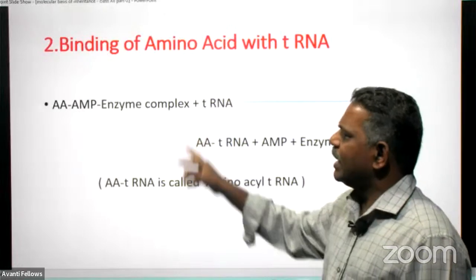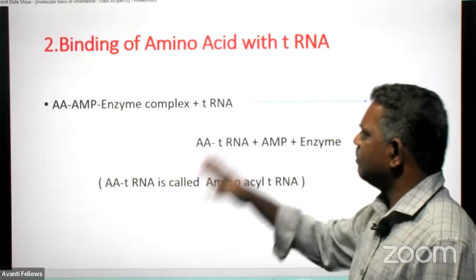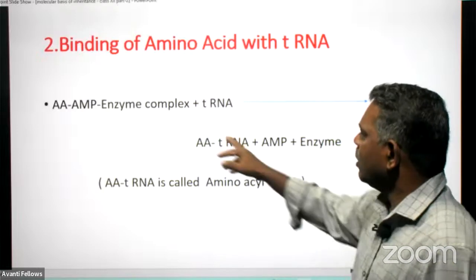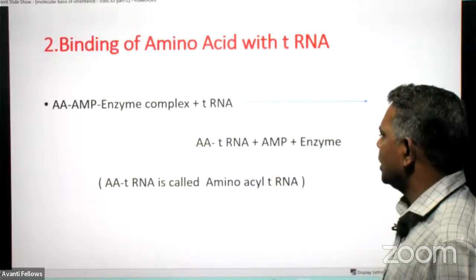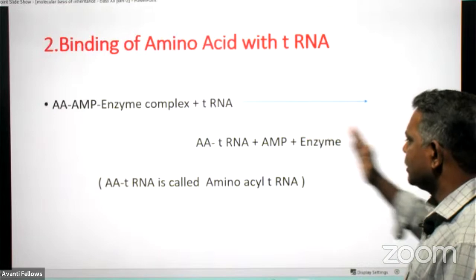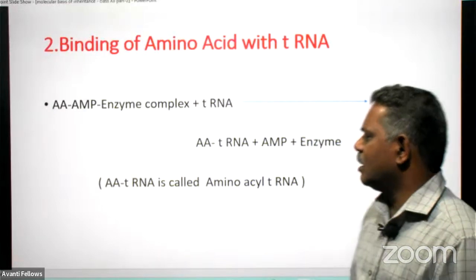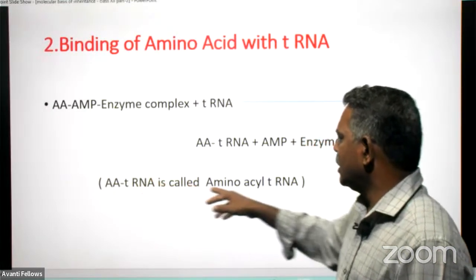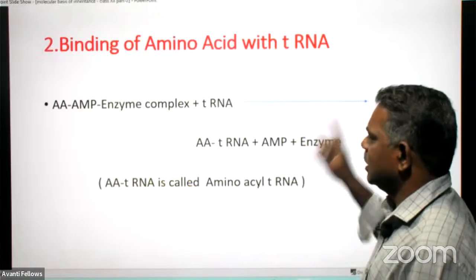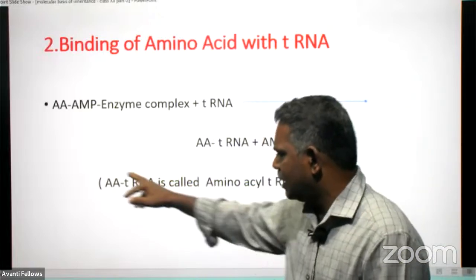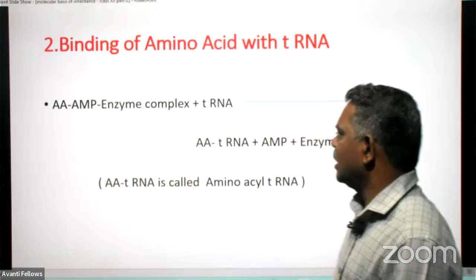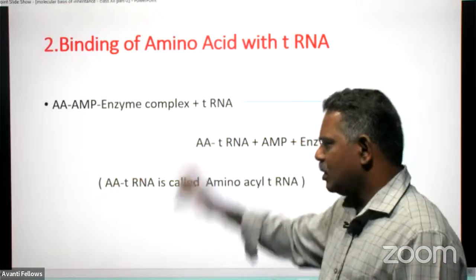it chemically reacts with the amino acid and at the 3' end forms the amino acyl tRNA complex, and AMP will be liberated and the enzyme also taken out. And what is this called? Amino acyl tRNA. Amino acyl means amino acid only.